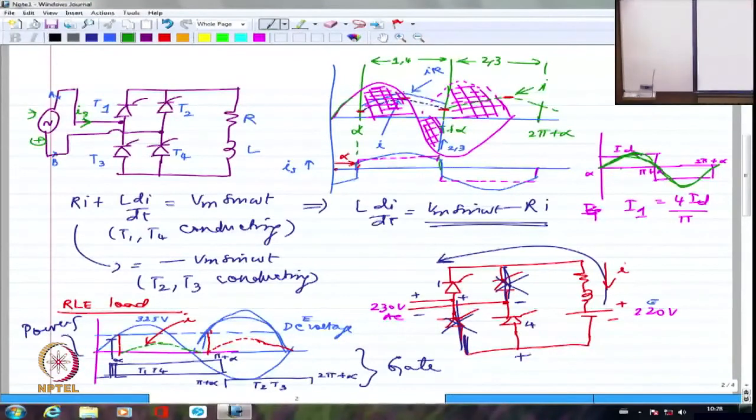Right? So this particular angle is generally known as the displacement power factor angle. The displacement power factor angle is the angular difference or the displacement between the fundamental component of the voltage and fundamental component of current.